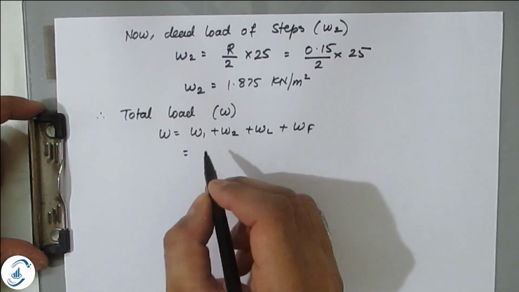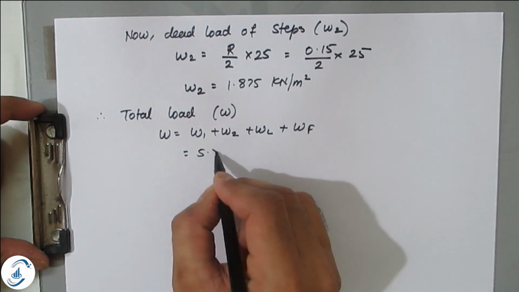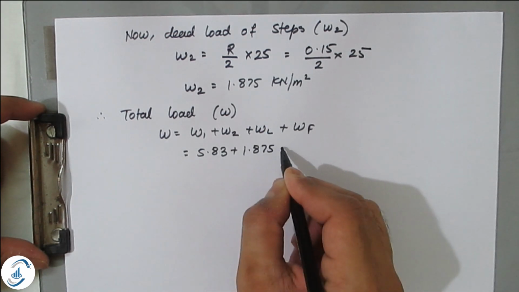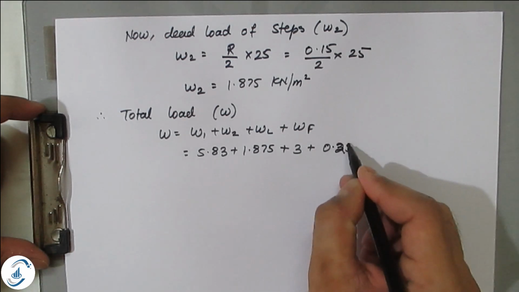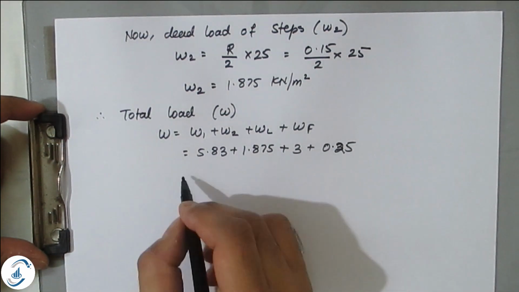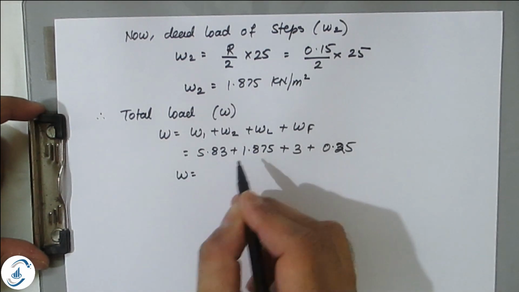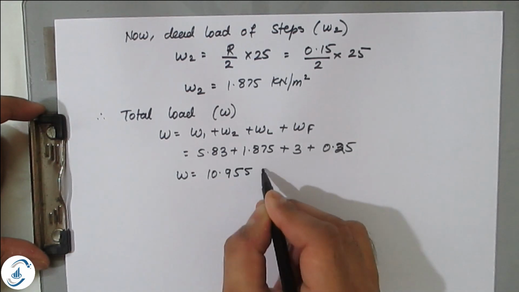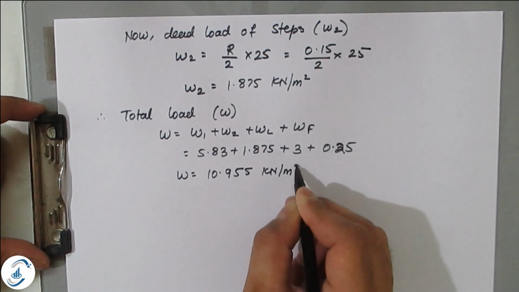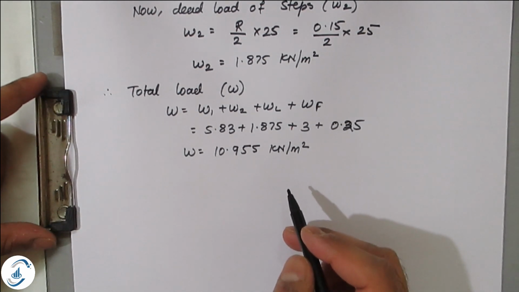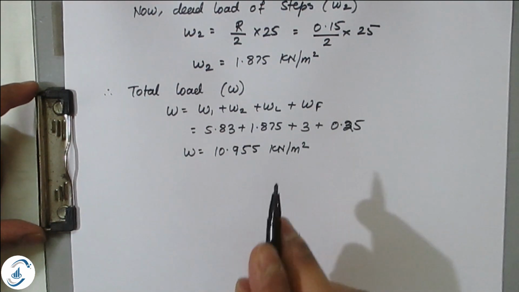So W1 you have got 5.83, W2 you have got 1.875, live load was 3.25, and floor finish we will assume as 0.25. If you add all this, you will get 10.955 kilonewton per meter square. So this is the total load coming onto each flight.